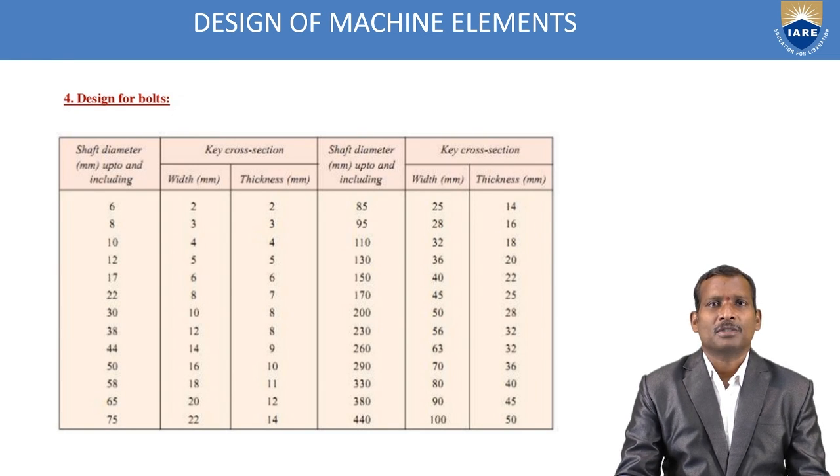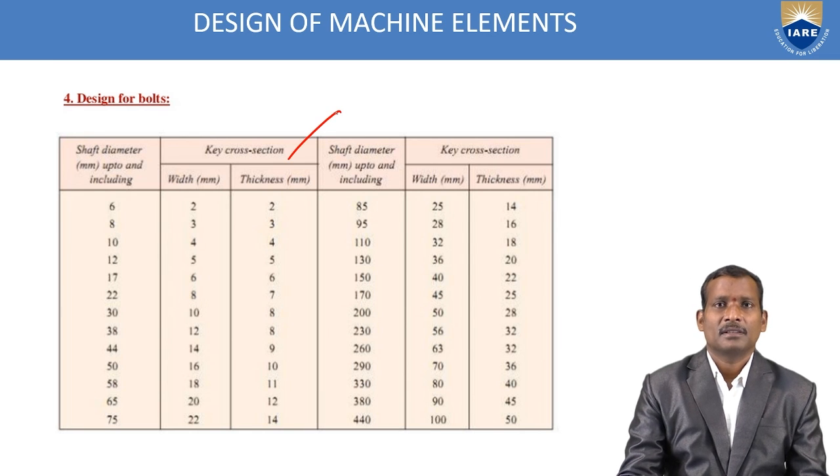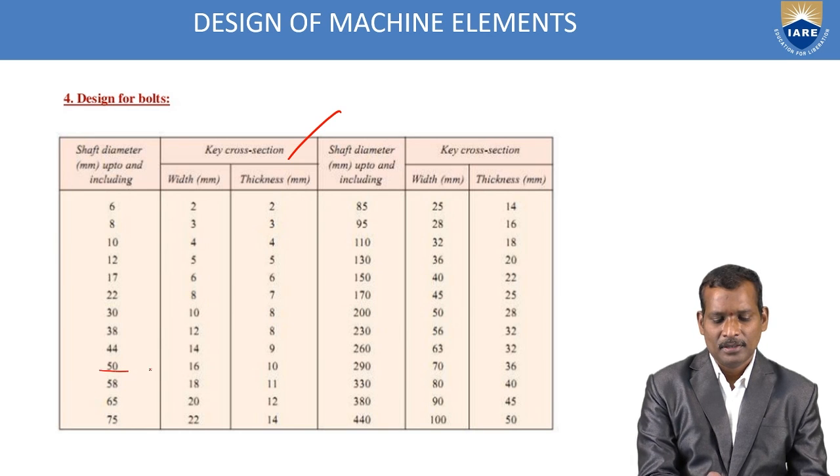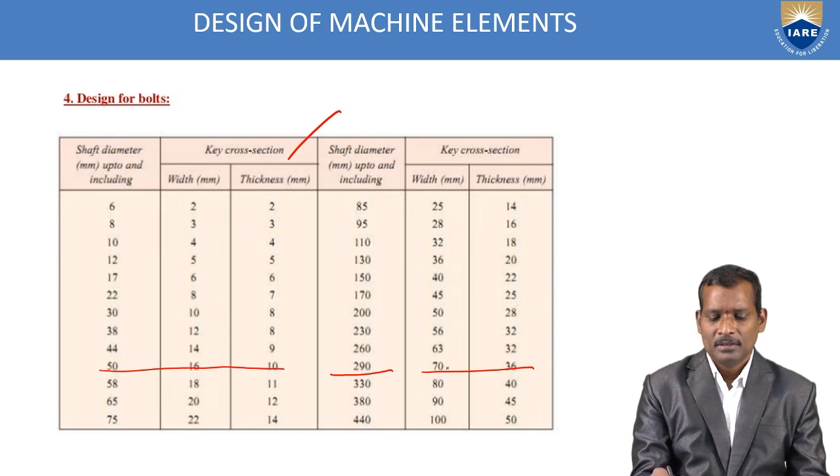Next, the design for bolts is shown in tabular form. Shaft diameter and cross section. If the shaft diameter is 50, you can take the width and thickness of the key from the table.